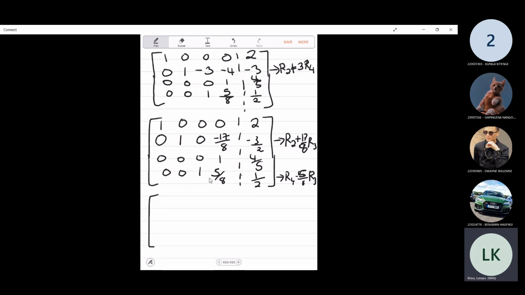Then work this out. 1 0 0 0, and then this is 2. Then this will be 0 1 0 0 1/5. Then I have 0 0 0 1.